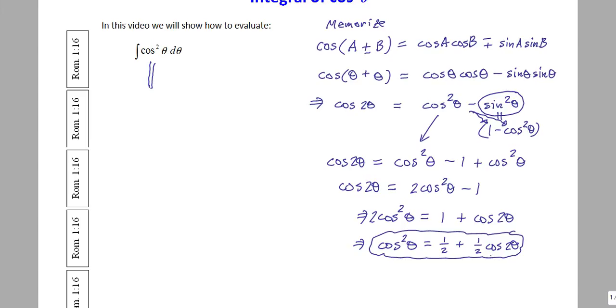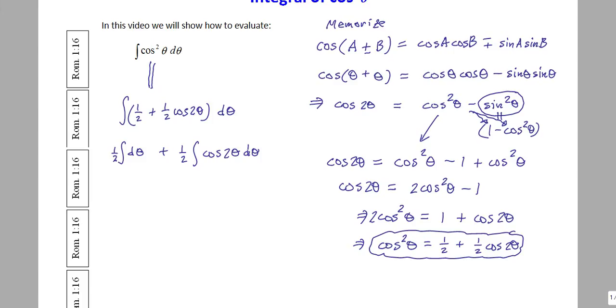So I get the integral of 1/2 plus 1/2 cos of the double angle theta d theta. And when I distribute everything, let's take out the constant: a half integral d theta plus a half integral cos of the double angle 2 theta d theta.